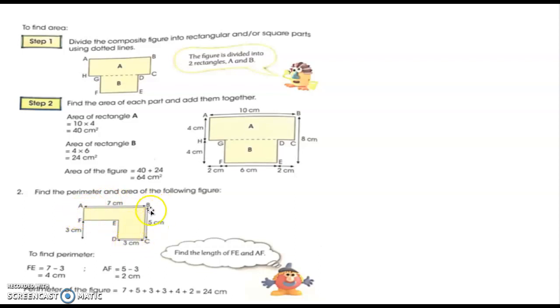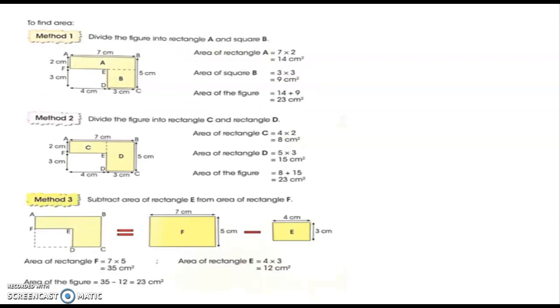Now this one is 3 into 3. So this is a square and a rectangle. The rectangle area formula is length into breadth, and for a square it is length into length. So 3 into 3 is 9, and 7 times 2 is 14. So 14 plus 9 will be the area for that L-like structure.